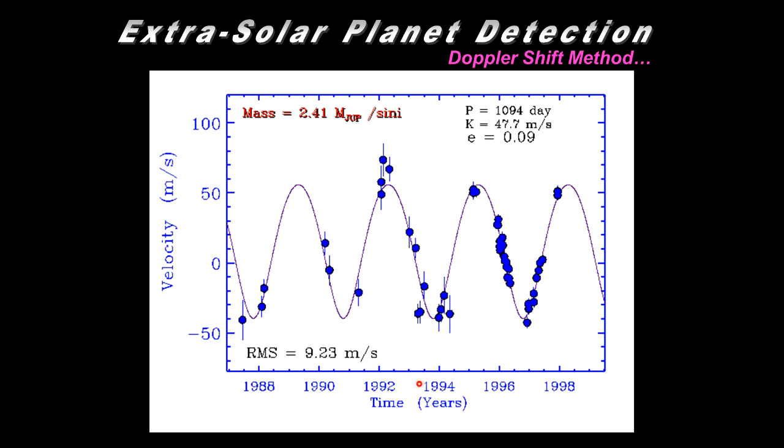If you can fit that data to a sine curve, which is the kind of curve you get if you map that back and forth motion with respect to time, it'll produce a sinusoidal graph. And when you see the sinusoid that fits the data the best, you've actually determined the period of the orbit, and other things fall into place from there. So that's how you detect planets moving around other star systems that you can't image directly.